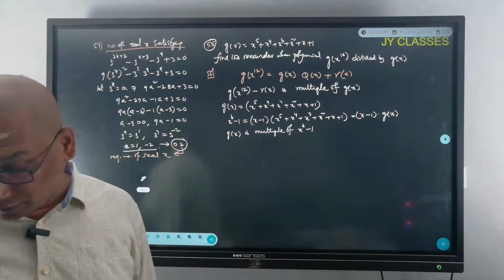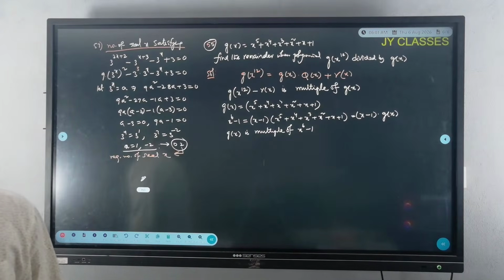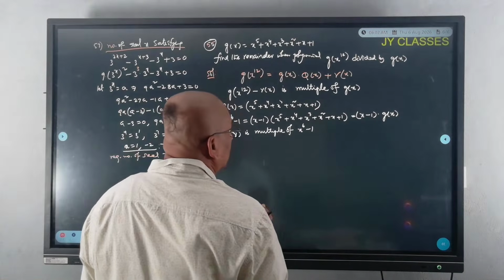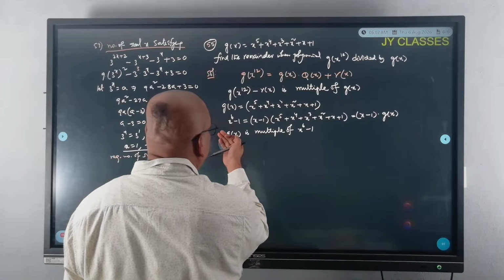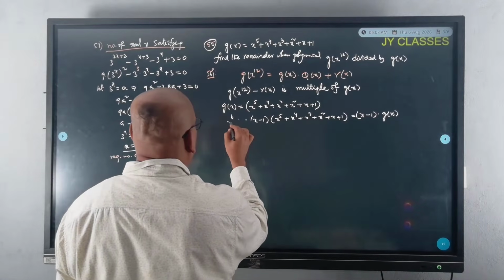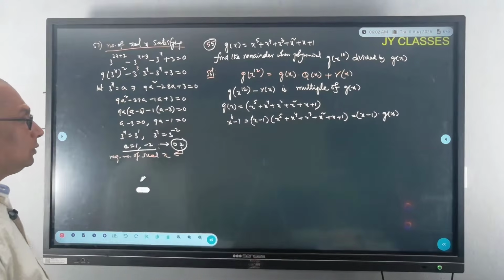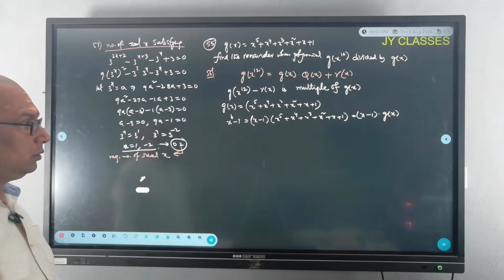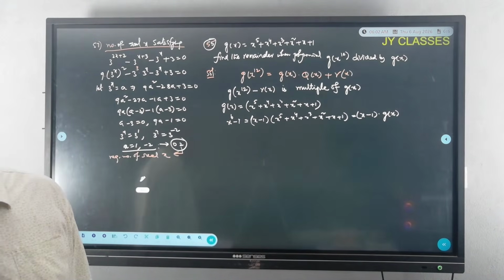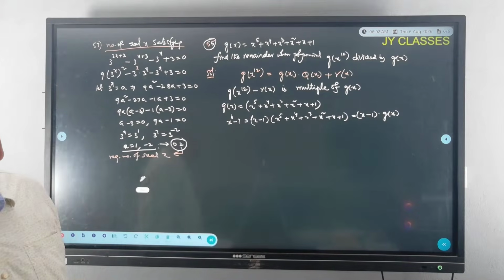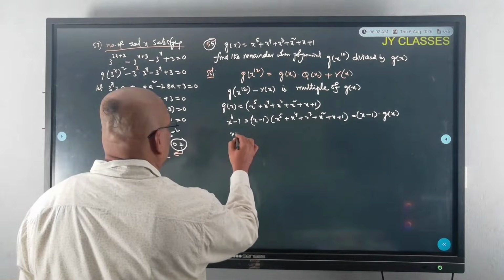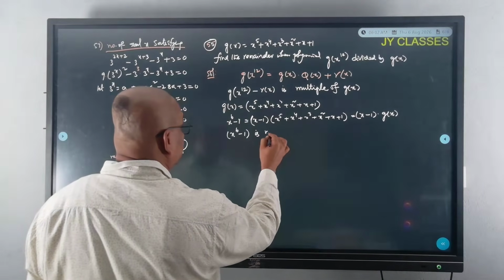G of x is multiple of x power 6 minus 1. X power 6 minus 1 is multiple of g of x.